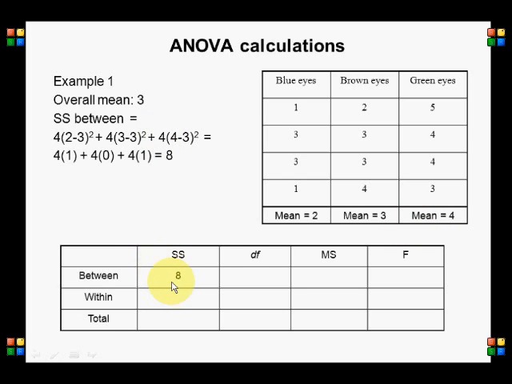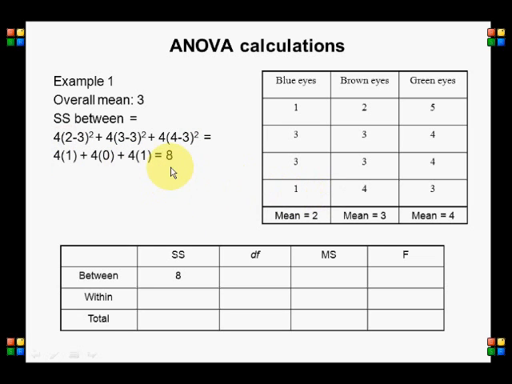If I calculate my sum of squares between, I'm going to look at, first of all, the mean of each group and the overall mean. In this case, the overall mean is 3 because everything's perfectly balanced, and that's nice and neat. But you could calculate it on your own if you want, or you could take my word for it. Trust me, it's 3.